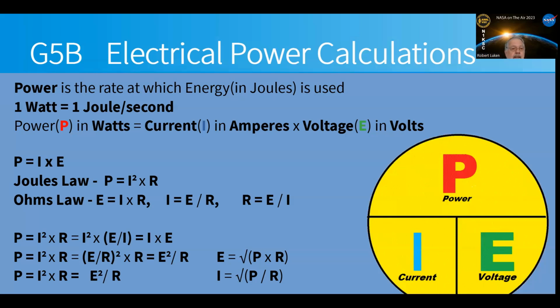So it comes out that power can be represented as the square of the current times the resistance, or the square of the voltage divided by the resistance, or the product of the current times the voltage. So there are 3 different versions of the formula, and I just showed how you can derive all of them on the chart.